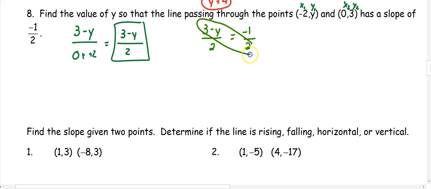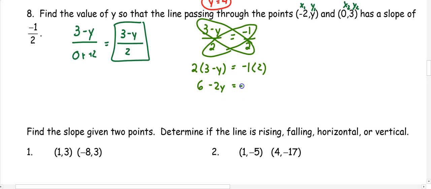So when I cross multiply, I have 2 times 3 minus y, and I have negative 1 times 2. So I'm going to distribute to get rid of my parentheses. So 6 minus 2y equals negative 2. Subtract 6 from both sides. Negative 2y equals negative 8. And when I divide, I again get that y is 4.